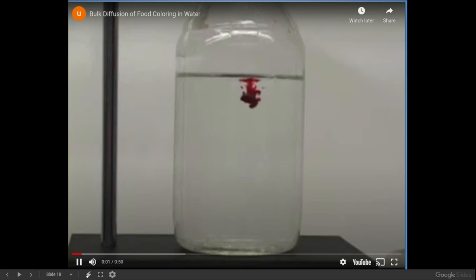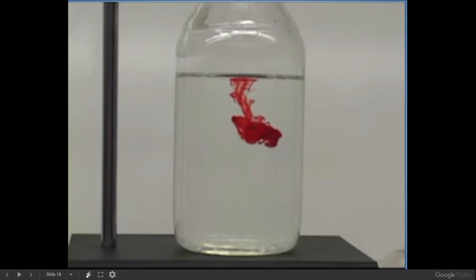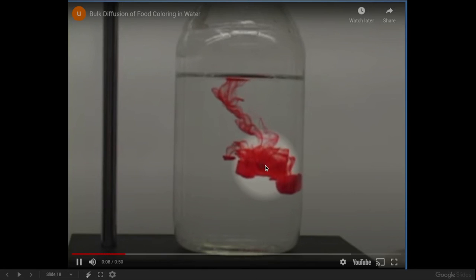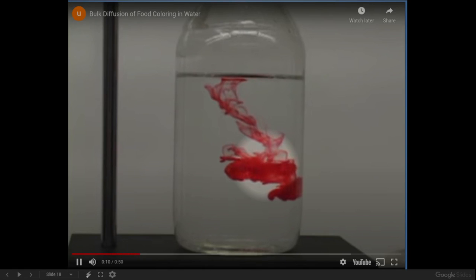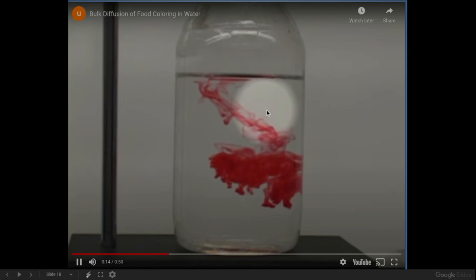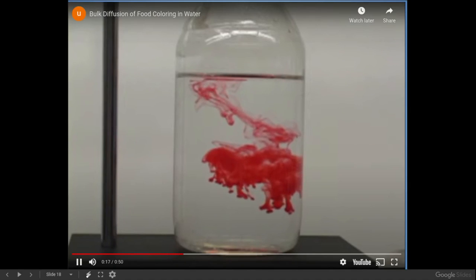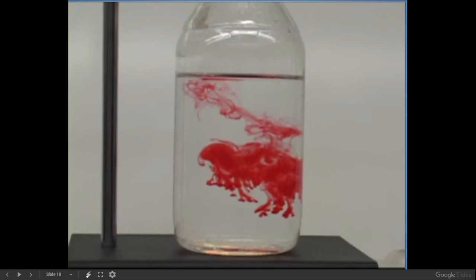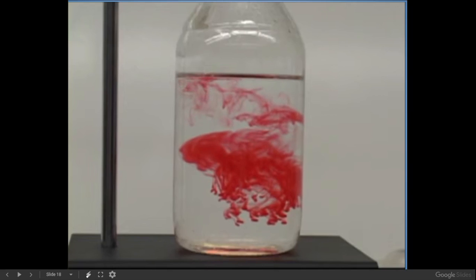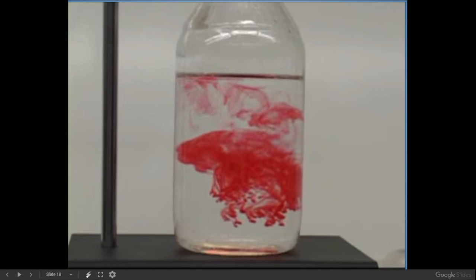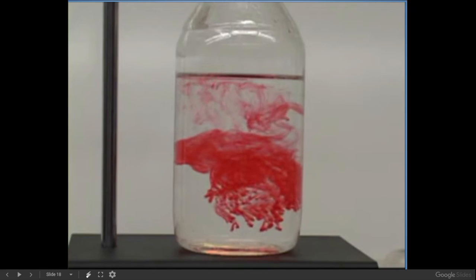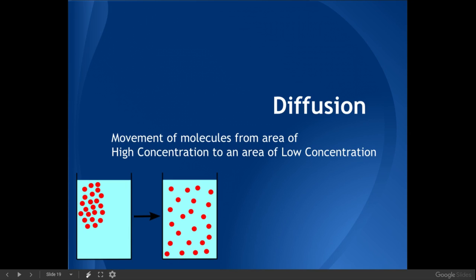We can see that as the dye enters the water, right here, it's in a high concentration. But over a period of time, it's moving from the high concentration into low concentrated areas. And that would be an example of diffusion. And if we gave this a decent amount of time, it would fill the entire container with this red coloring. It's because it's continuing to move from a high concentration to low concentration.